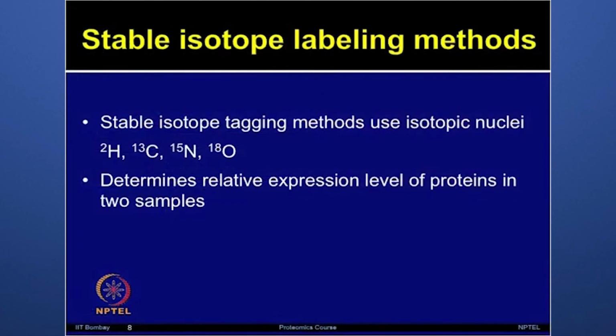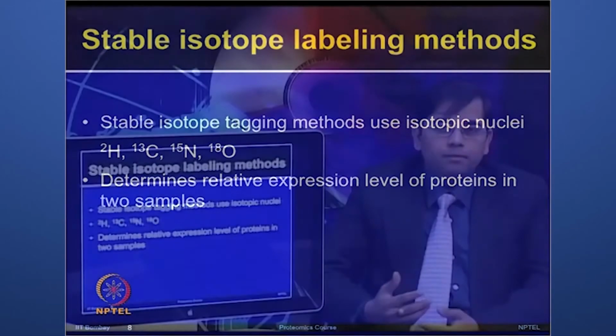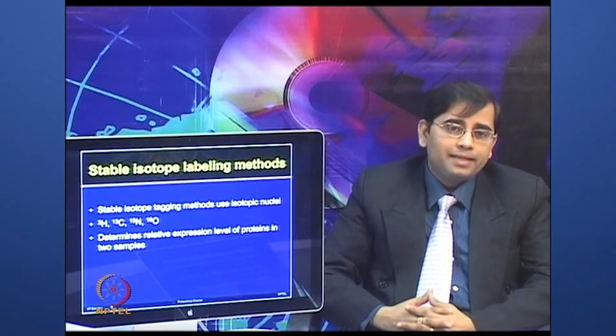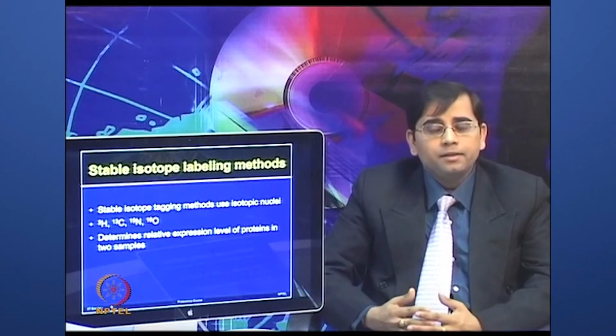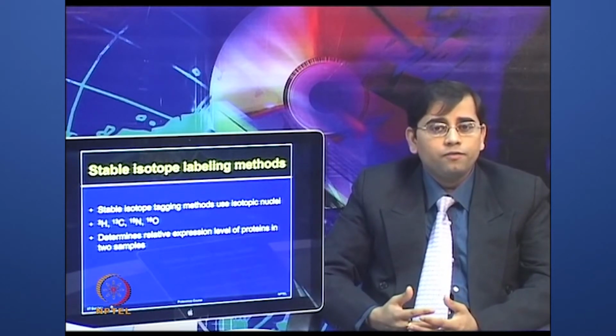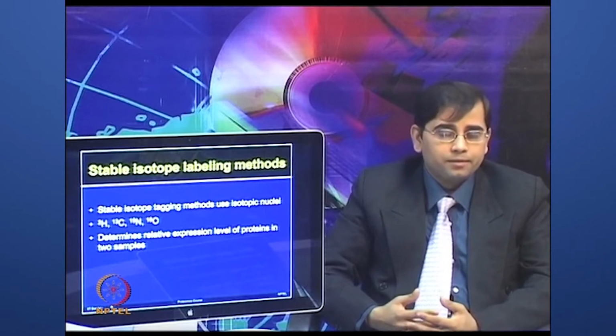So, the stable isotope tagging methods use isotopic nuclei such as 2H, 13C, 15N and 18O. These stable isotopes are incorporated in place of the natural abundance isotope in the heavy standard. By using the stable isotope labeling methods, one can determine the relative expression level of proteins in 2 samples.